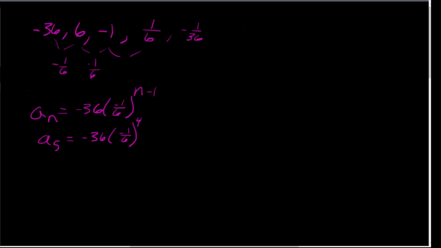And then we can use that to go to the next step. And you should get 1 over 216 positive. And your final answer will be negative 1 over 1,296.